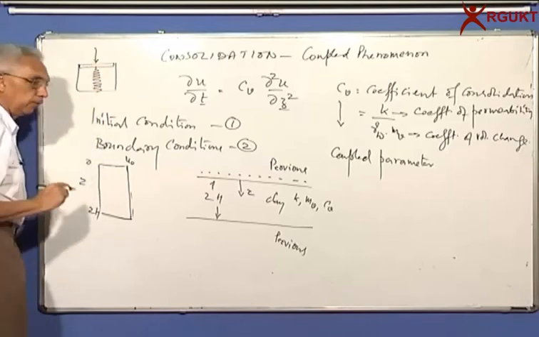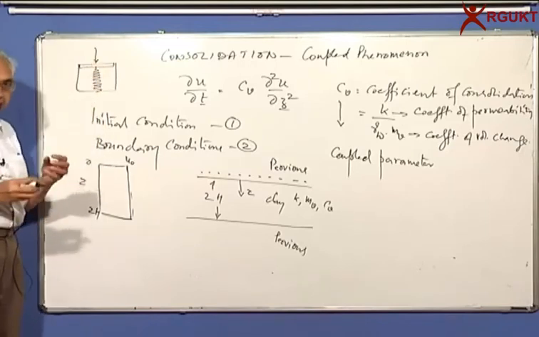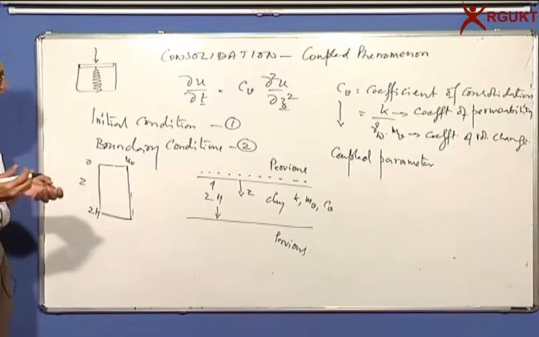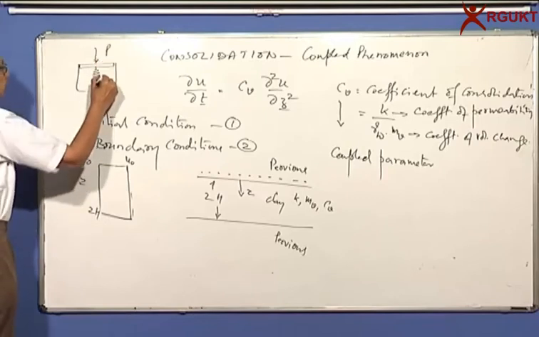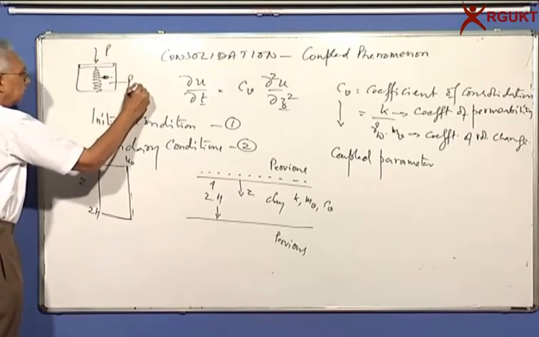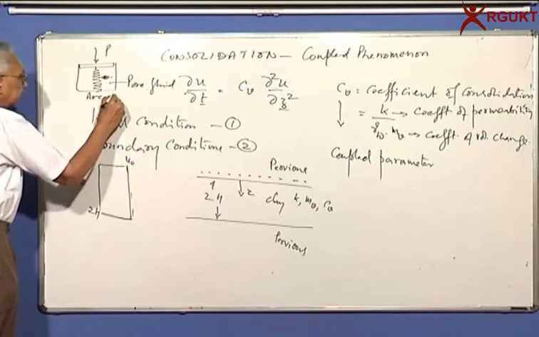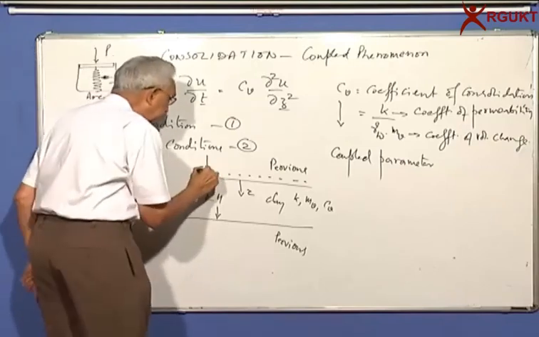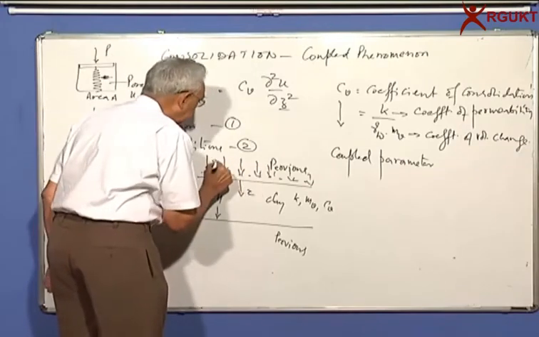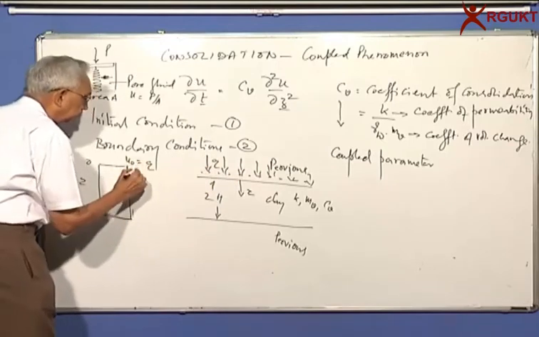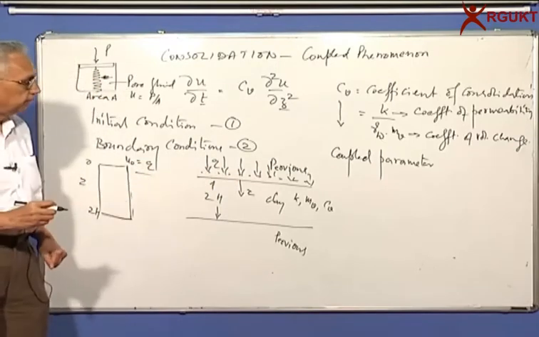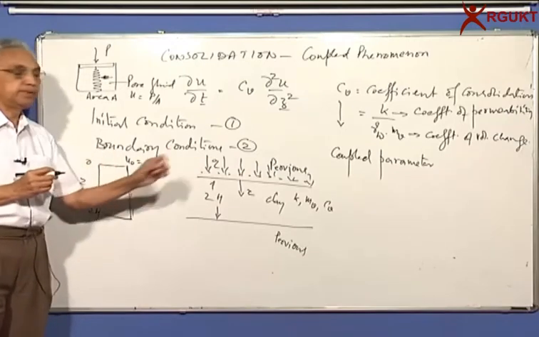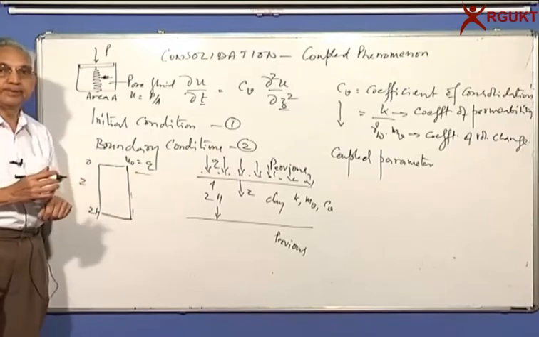If you now apply load at t is equal to 0, the fluid does not compress, does not escape, so all the load will have to come to the pore fluid. So if the area is A, pore fluid u is equal to P by A. Similarly, if I am applying a uniform surcharge q, u naught is equal to q. Suppose you are putting 50 kPa, 60 kPa at t is equal to 0, the pore pressure is equal to whatever is the applied stress, 50 kPa or 60 kPa.